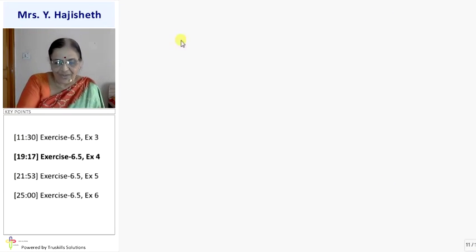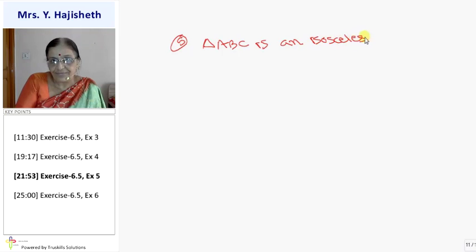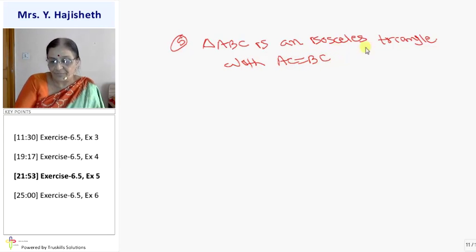Sum number 5. See, triangle ABC is again an isosceles triangle with AC is equal to BC. Clear?